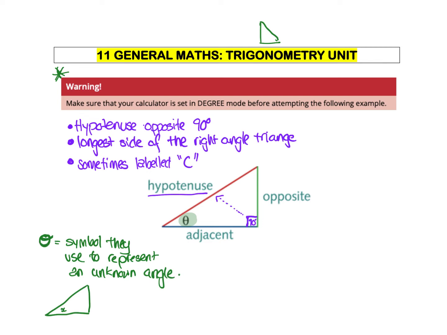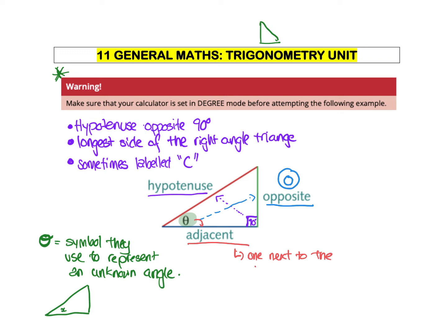Okay, so it becomes important where we look at where that angle is, or when we're referring to that. When we go to the side opposite the angle that they're giving us, that's known as the opposite. We'll sometimes call that O, just when we're labelling it. Then we've got the adjacent side, which is the one next to the angle.